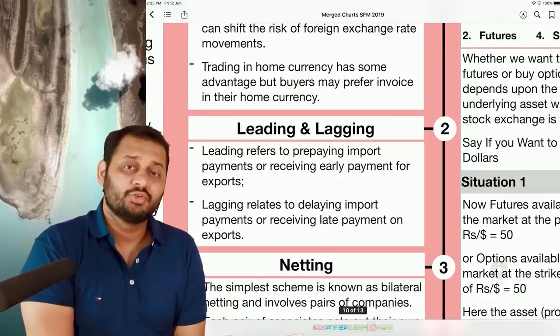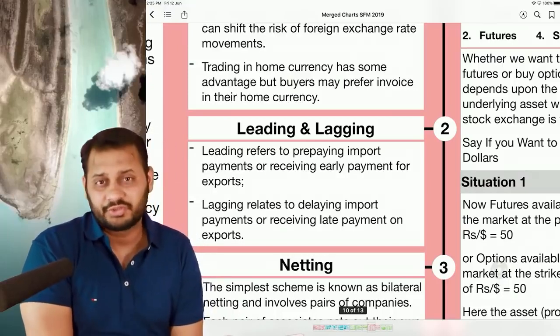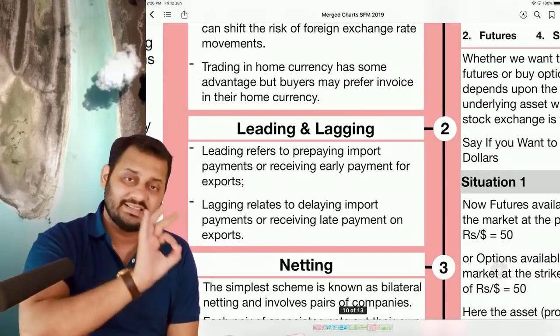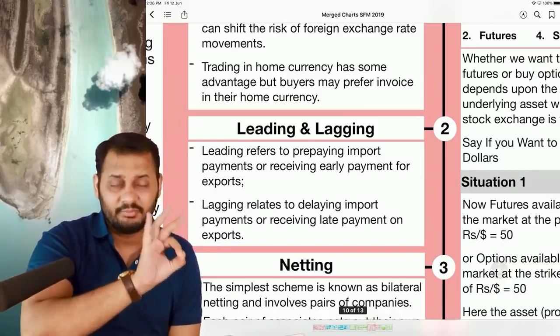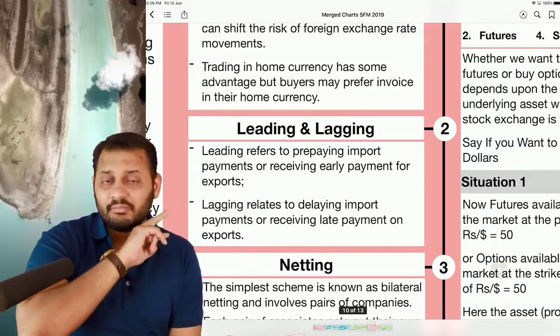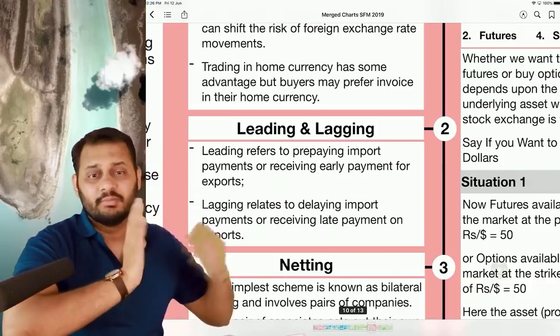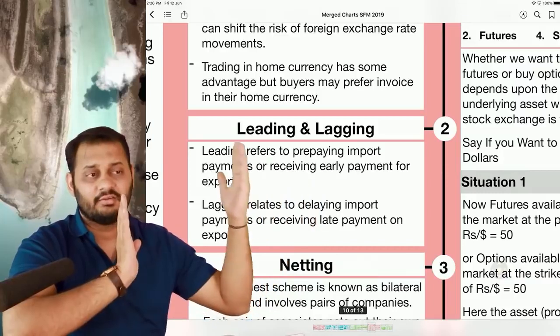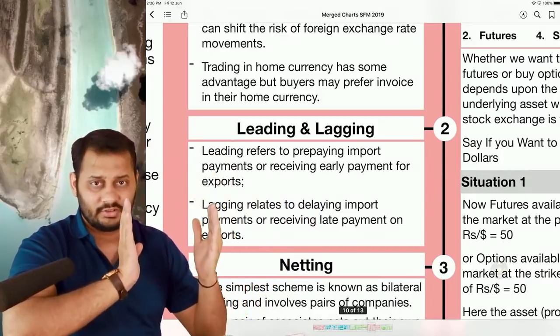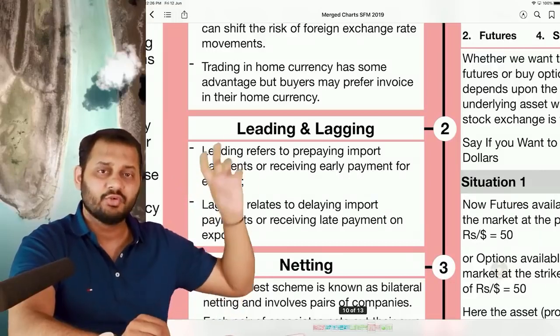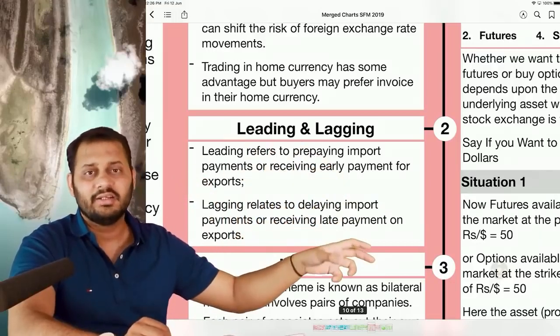One thing that you should note in all types of questions, whether you lead or whether you lag, the decision should be made based on the cash flows in both options on the same date. So if it's a 2-3 months question and you have to lead at 2 months, do the leading part, but take that cash flow till the end of 3 months.